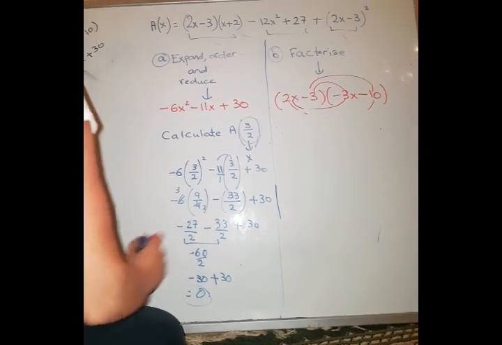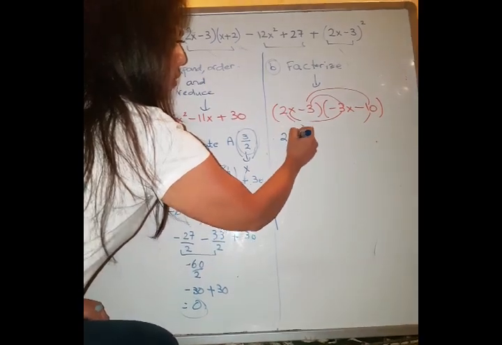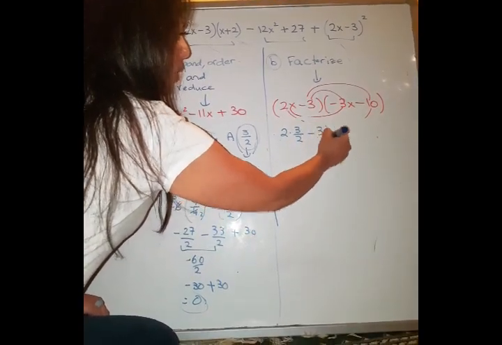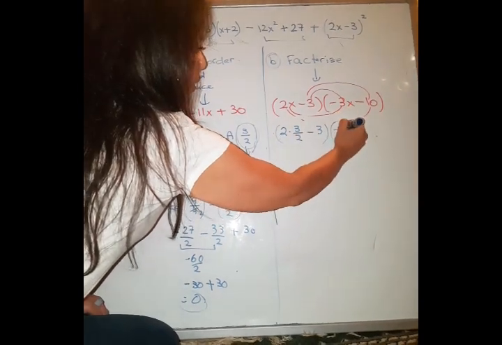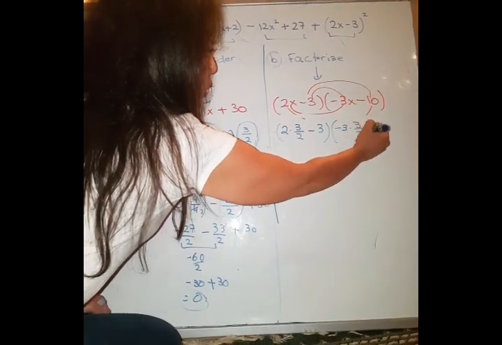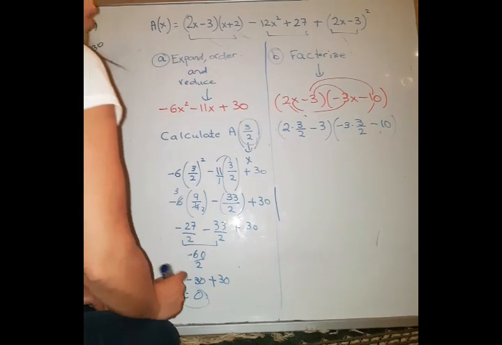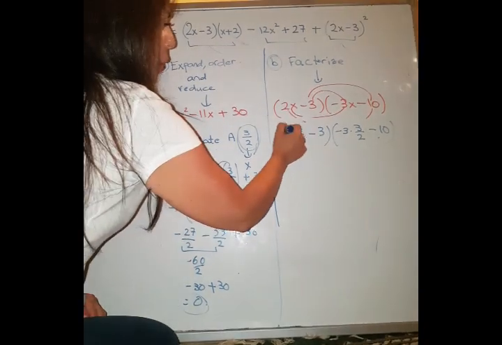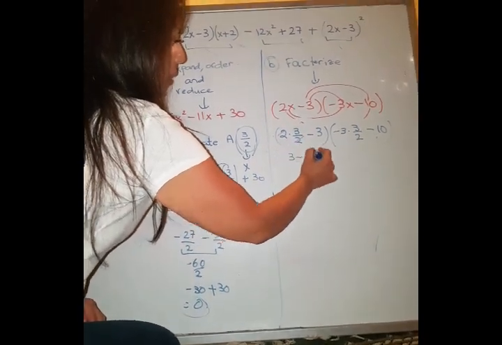Let's try it in this. It's 2 times 3 over 2 minus 3. And then it's negative 3 times 3 over 2, negative 10. You can do this always on your calculator, which is 3 minus 3.